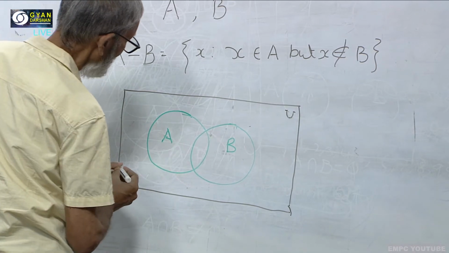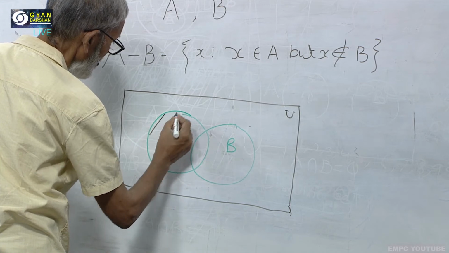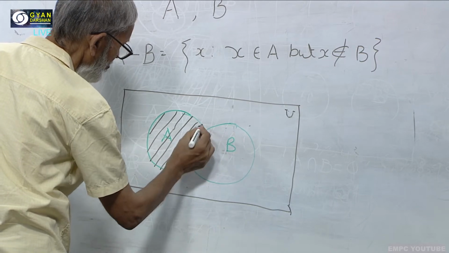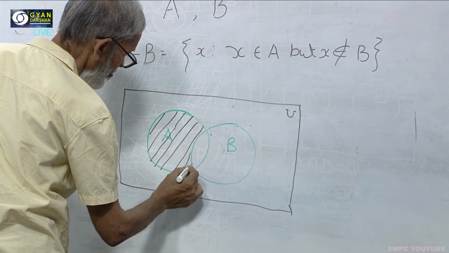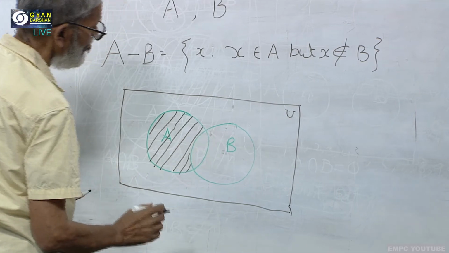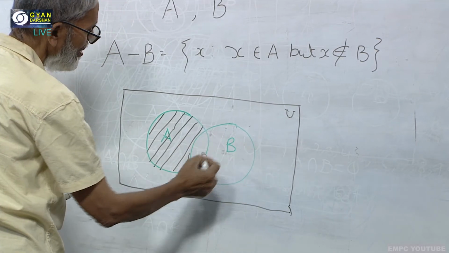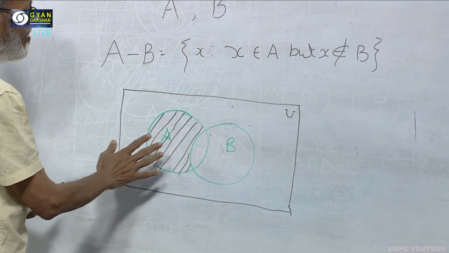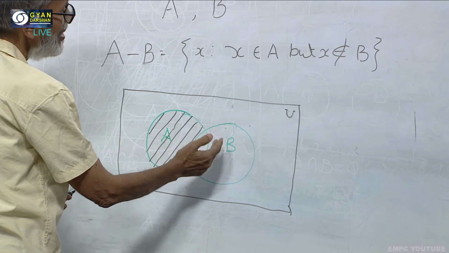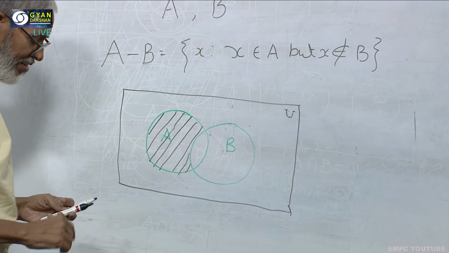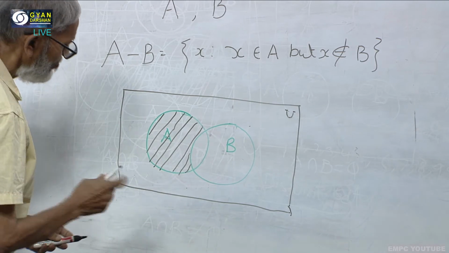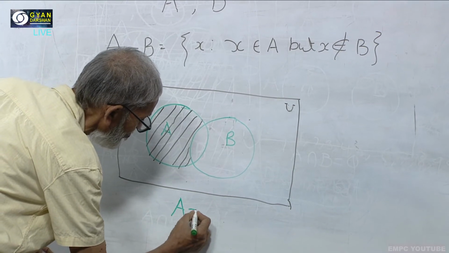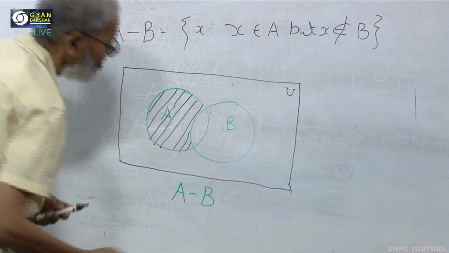A minus B will be this portion. Because whatever there is in B will not be there in A minus B, but all the elements of A except the elements which are present in B. So, this is the representation of A minus B.